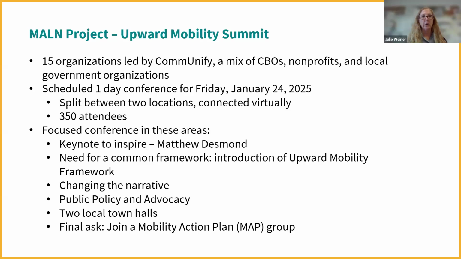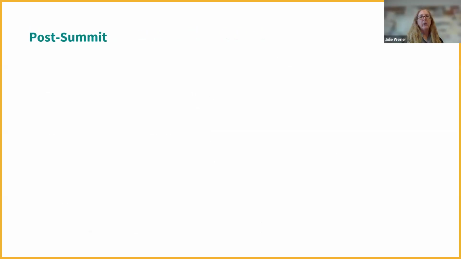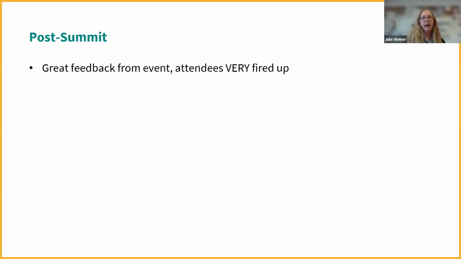We need you guys to shoulder the burden from here on out and make this an official project of the county, an official initiative, because there's going to be a point where on the ground, we can't make the changes. The county has to make it, or possibly even at the state level, but we need you guys to lobby. So that was the focus of the summit. And we felt like, we can go to the next slide, that we did a really great job in inspiring people. Yeah, people were very fired up.